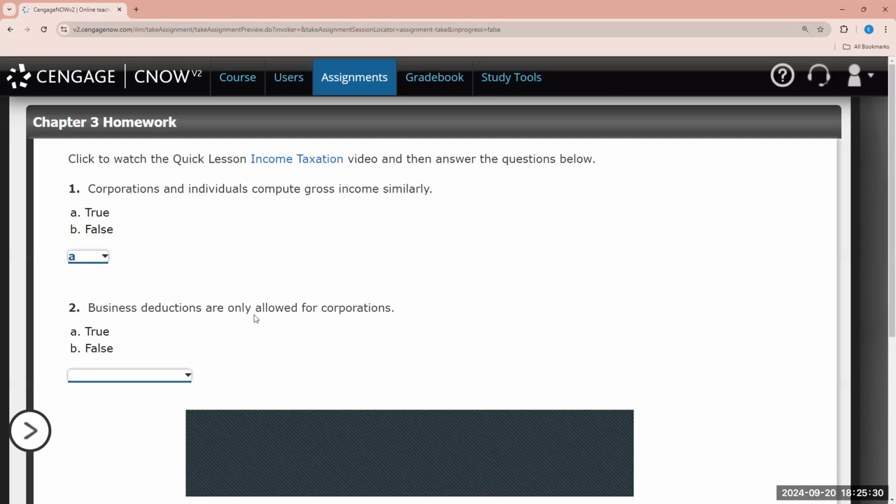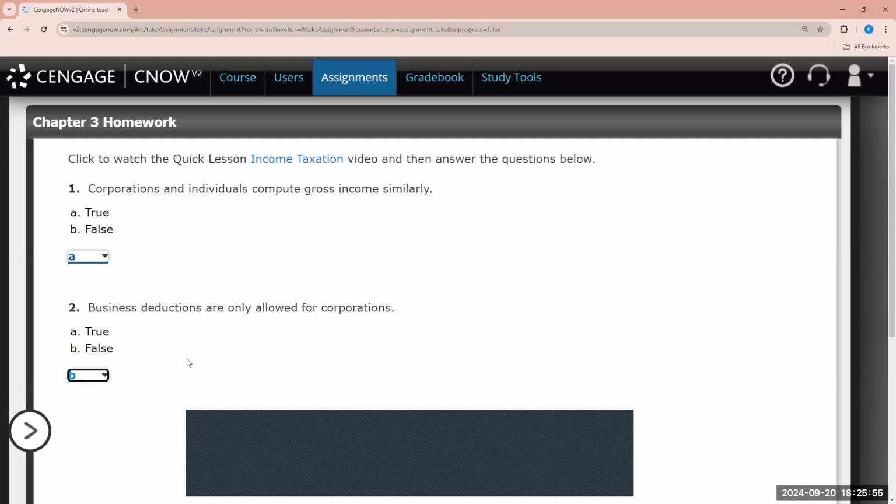Statement 2 states business deductions are only allowed for corporations. This is false, right? Business deductions are allowed for both individuals and corporations, provided that, if we refer to Section 162, business deductions are allowed if they are necessary and reasonable.